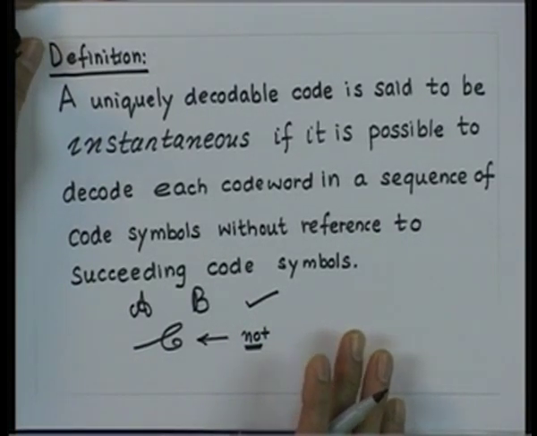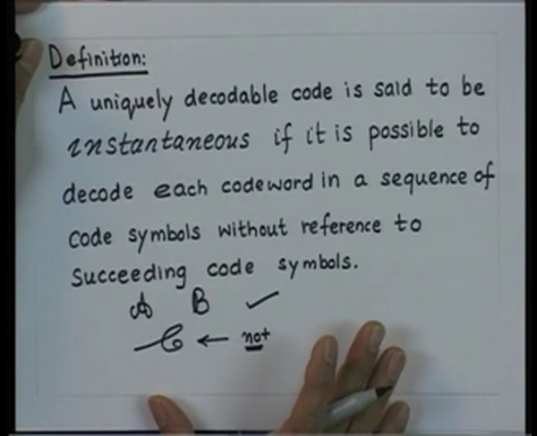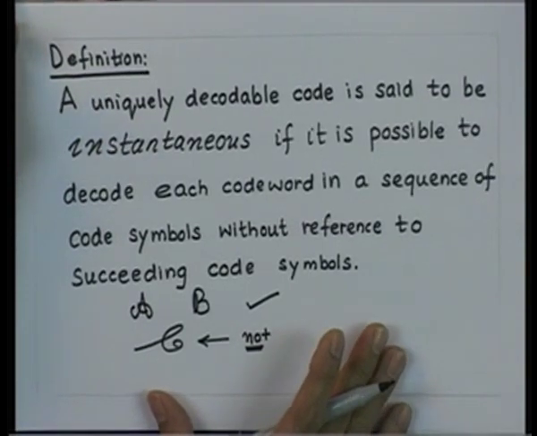Now it was very easy for us to find out whether a uniquely decodable code is instantaneous or not in these three examples. But the question is, is it possible to devise a general test for a code which tells whether a code is instantaneous or not?